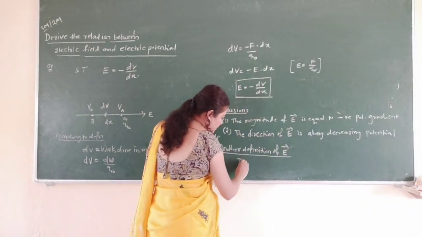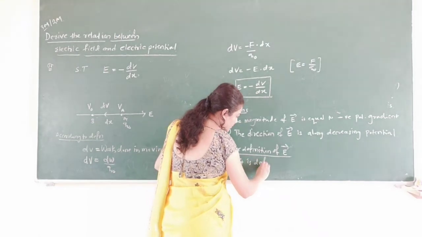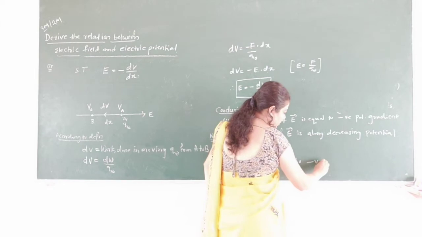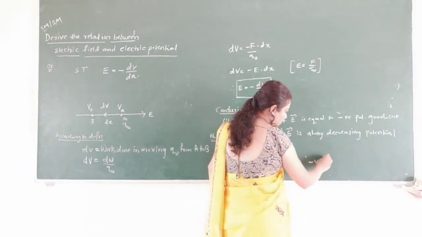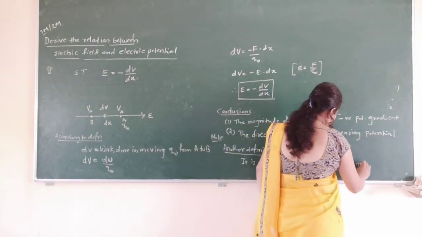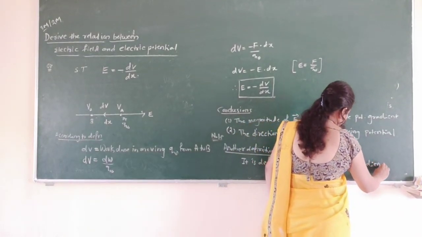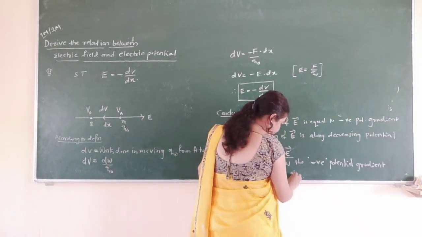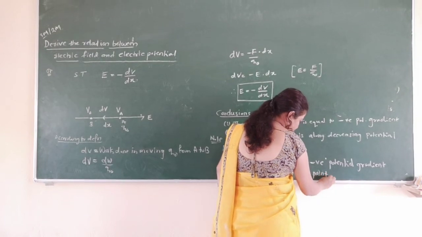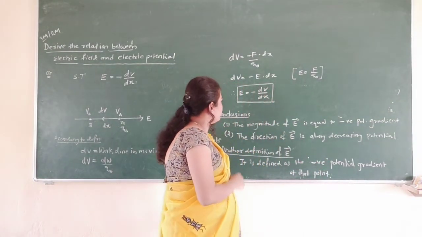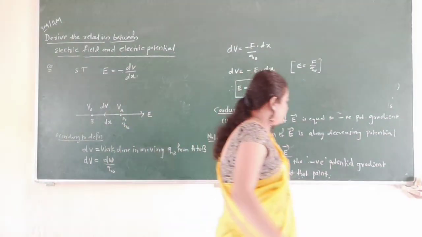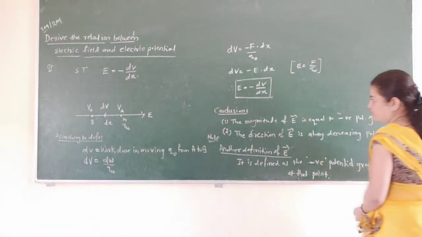It is defined as the negative potential gradient at that point. Okay. So now what is potential gradient? We will define what is potential gradient.